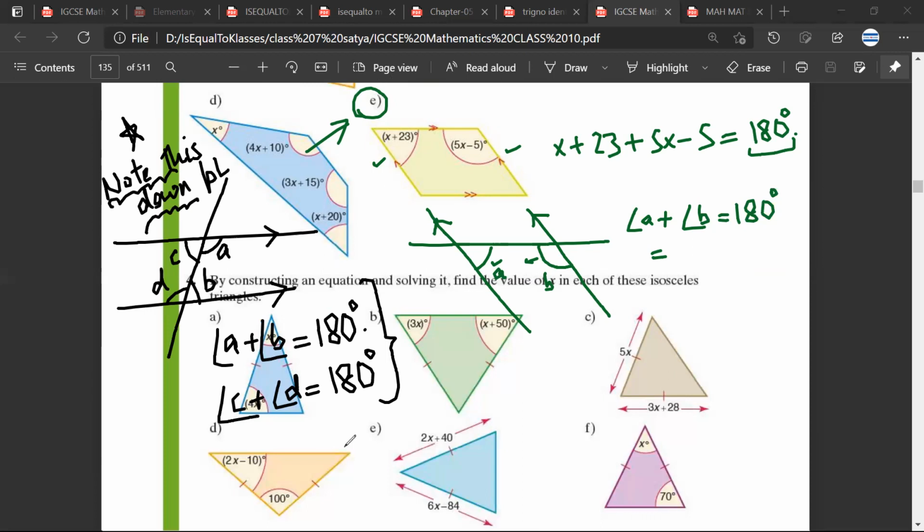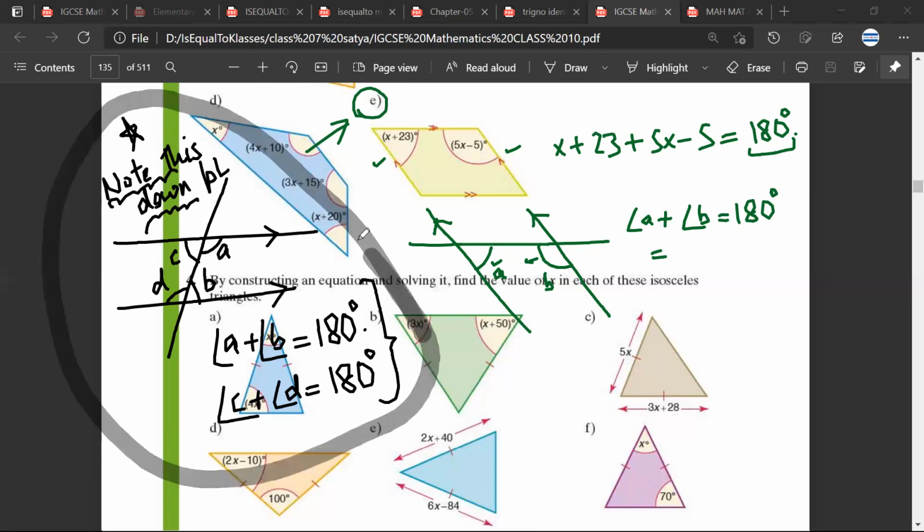No. Please note this down. So that is why, because this line is parallel to this line, and this is a transversal, therefore, this angle plus this angle is equal to 180 degree.